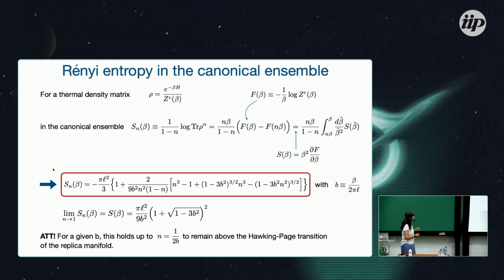We are not using the thermal AdS saddle, which is the dominant saddle in the other regime. So we want to restrict the values of n so that we are always above the Hawking-Page transition, and we can always use this expression to evaluate the entropy. This sets a maximum value of n that we can achieve. If we want to go beyond this value, we should take into account thermal AdS, but I will stick to this regime.